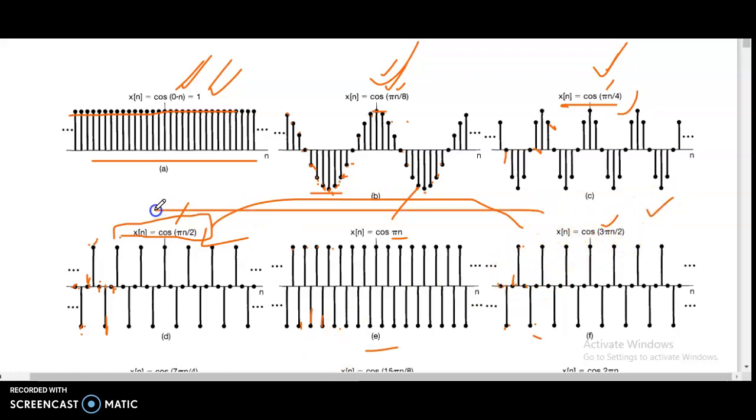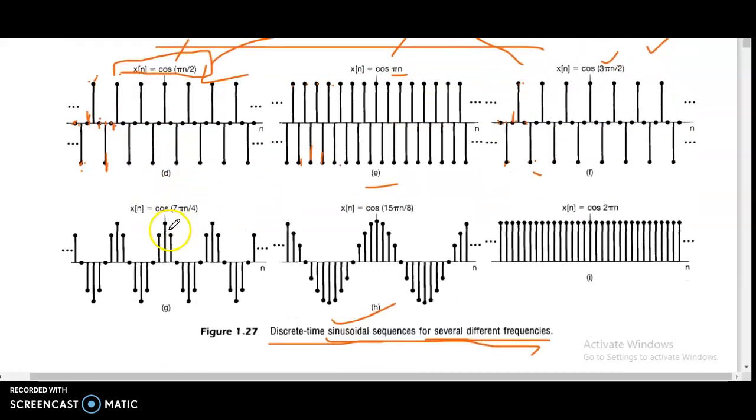So almost the same. x of n equal to cos of 3 pi n divided by 2 and x of n equal to cos of pi n divided by 2, almost the same. Okay. Here x of n equal to cos of 7 pi n divided by 4.